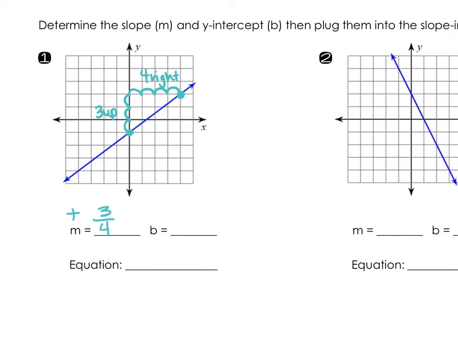X was 4 right, also positive. All right, now b, our y-intercept here, is right here where it crosses that y-intercept. So that is -1. Okay, now plugging into my equation will be y equals 3/4 x minus 1.